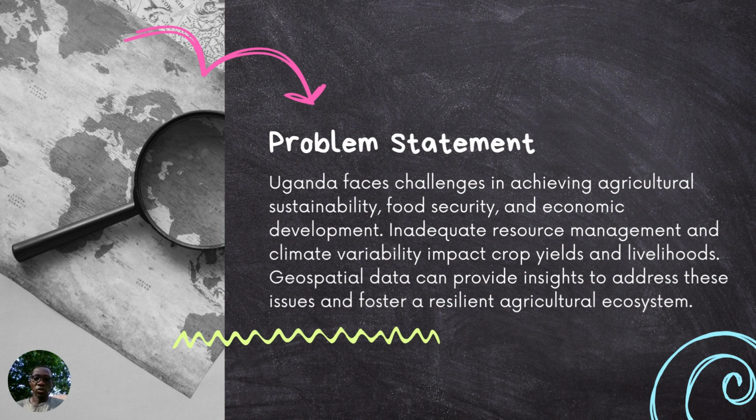It's about the challenges of achieving agriculture sustainability, food security, as well as economic development. Inadequate resource management and climatic variability impact crop yield and livelihoods. So your spatial data comes in here to provide us with insights on how we can address these issues and foster a resilient agriculture ecosystem.